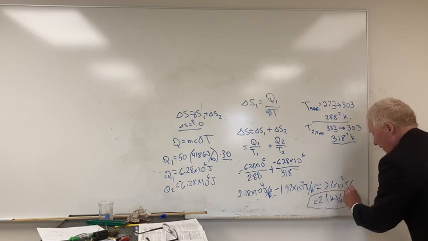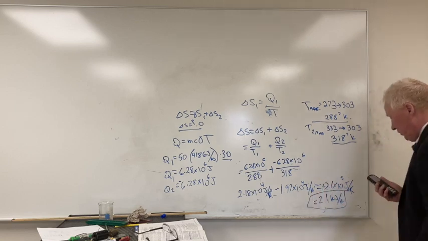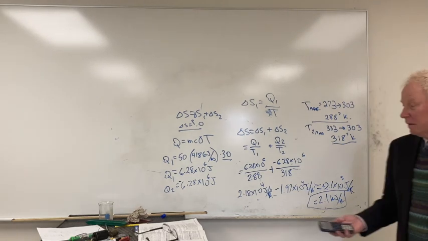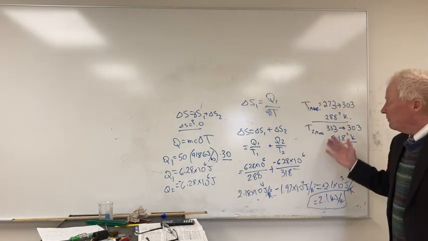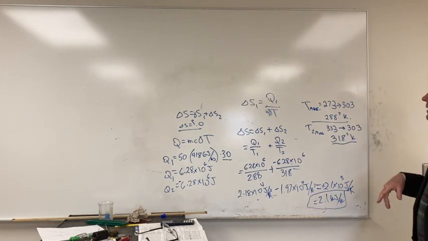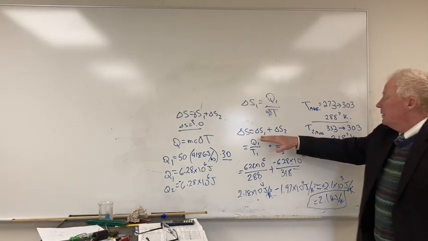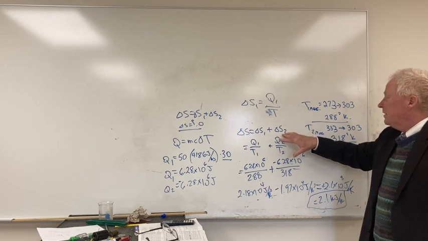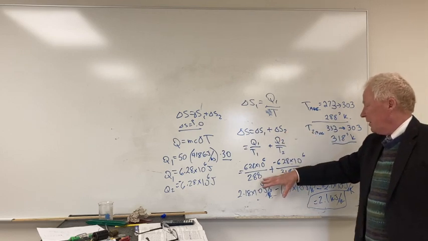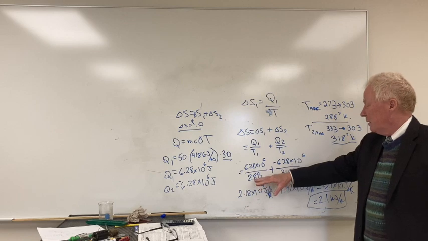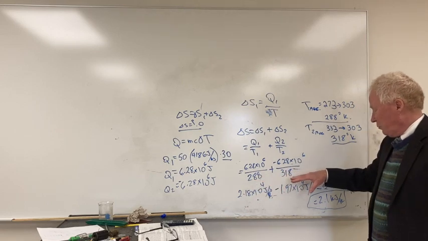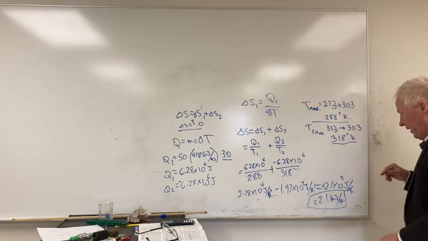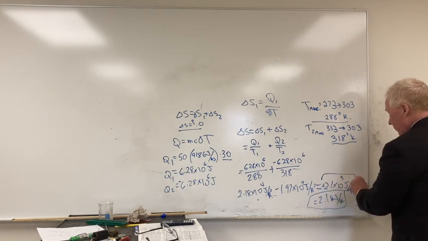And we have a positive entropy there. So this is how we quantify it for a relatively simple system. So the cold water has an increase of entropy. The warm water getting colder has a decrease in entropy, but the entropy of the cold getting warm is greater than the warm getting colder, and so we end up with a positive. So this is how we calculate it.